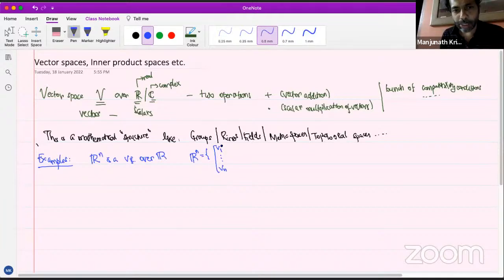You can write them as row vectors or column vectors, but just for consistency, it is this. And how do you add v1 up to vn? You can add two of those.